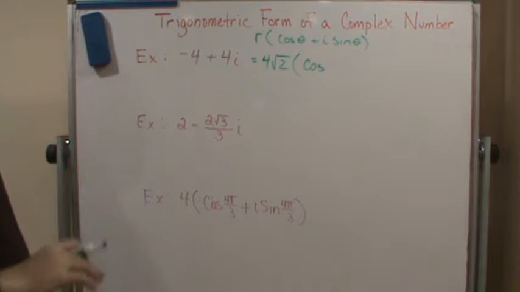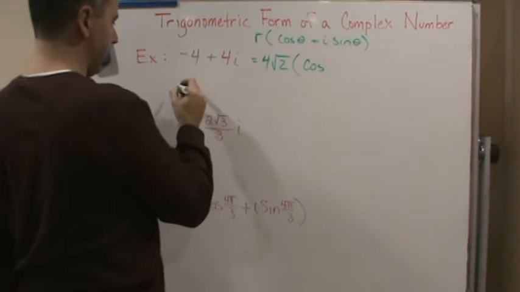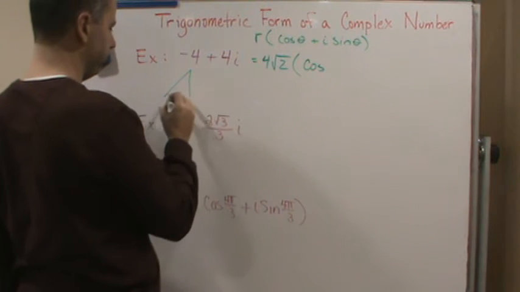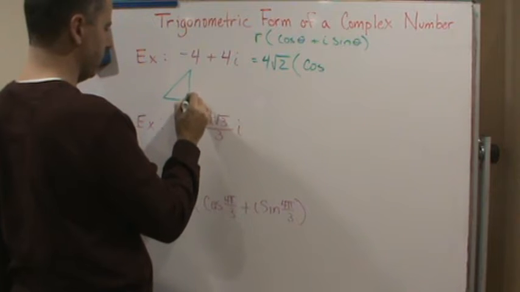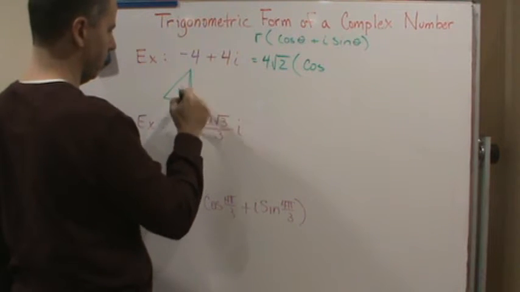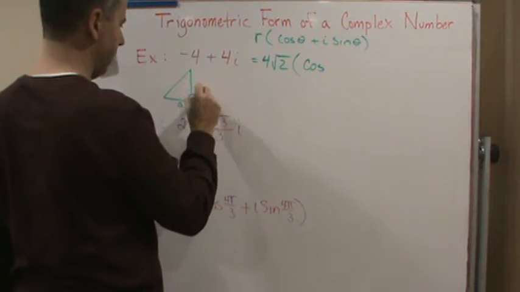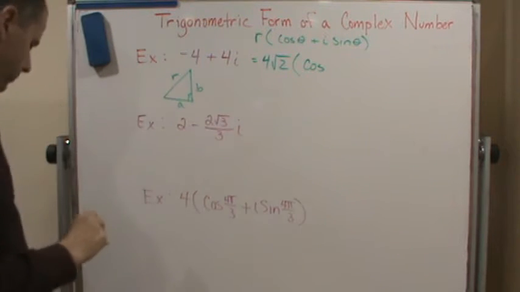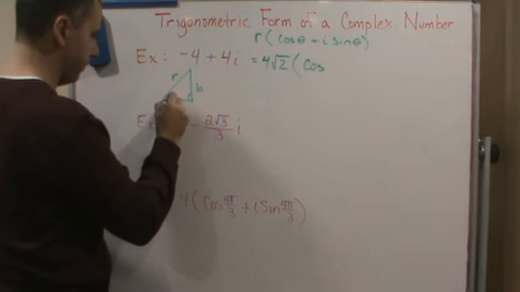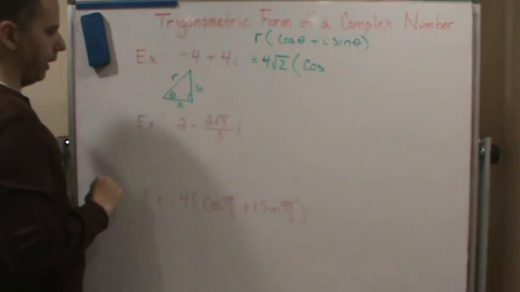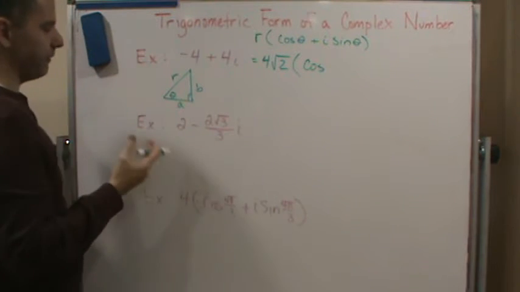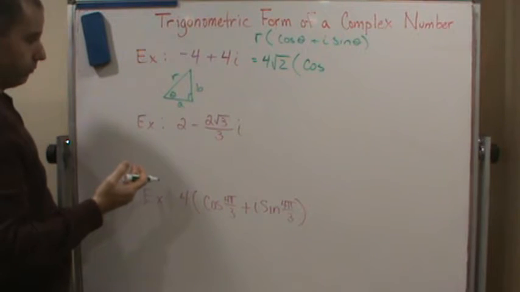Remember how we find theta. If we have the right triangle, with A, B, and R, and we have theta, we need to figure out what theta is.